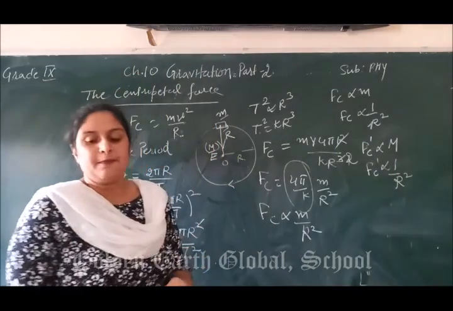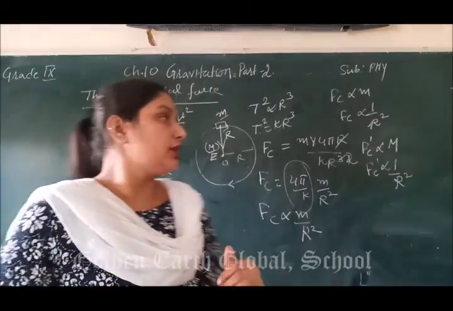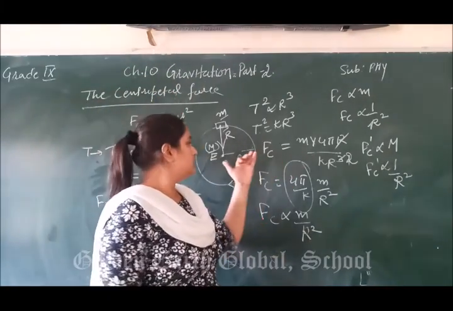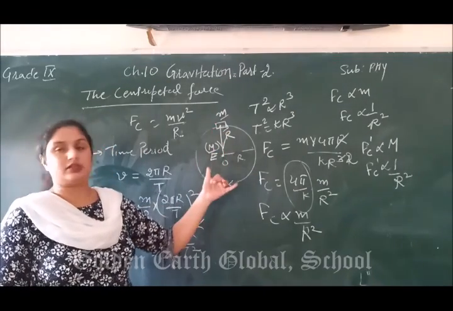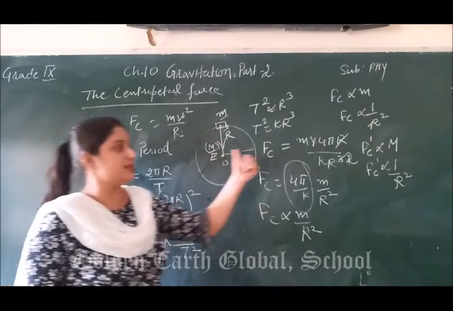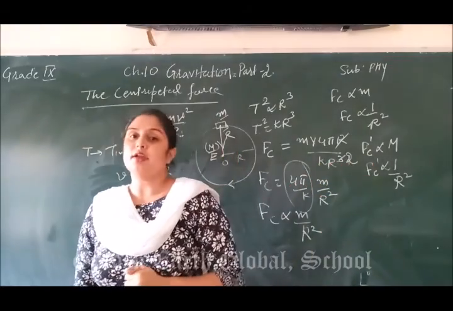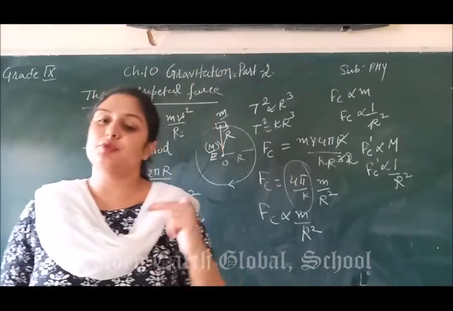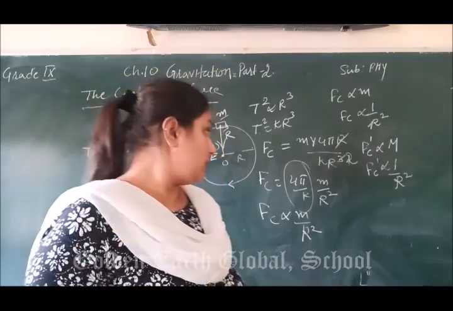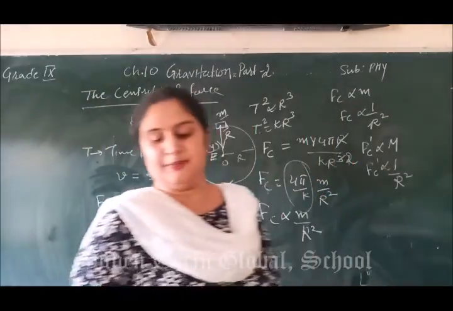So in this way Newton came to the conclusion that the force acting between the moon and earth, or any two massive bodies, is directly proportional to the product of their masses, and inversely proportional to the square of the distance between them.